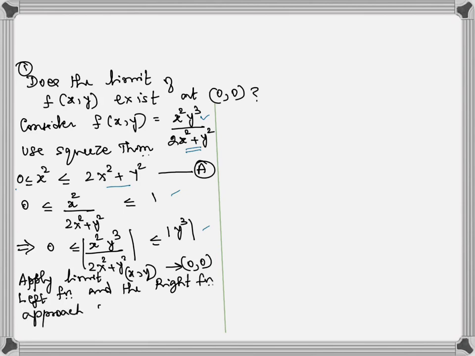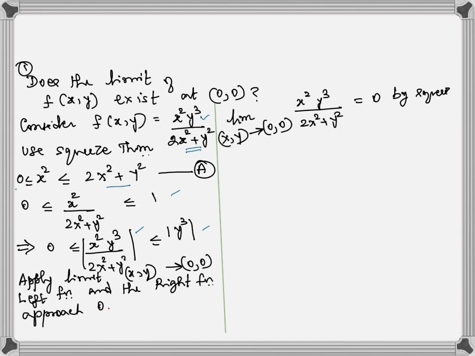So the middle function has nowhere else to go but to 0, because the middle function, which is f of x y, is squeezed between the end functions, namely 0 and the absolute value of y cubed. So the limit as (x, y) approaches (0, 0) of the function x squared y cubed over 2x squared plus y squared is equal to 0 by the squeeze theorem. So the limit does exist for the function and it is equal to 0.